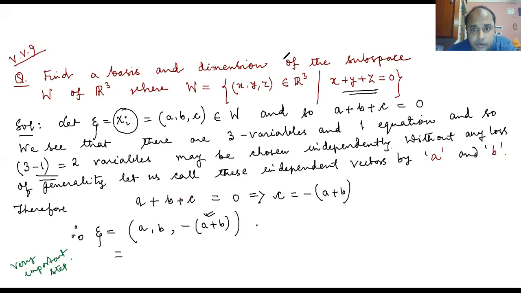I think you will not have any trouble if I write the first vector in terms of A only, and the second vector in terms of B only. I'm separating A and B. This is your A part and that is your B part.